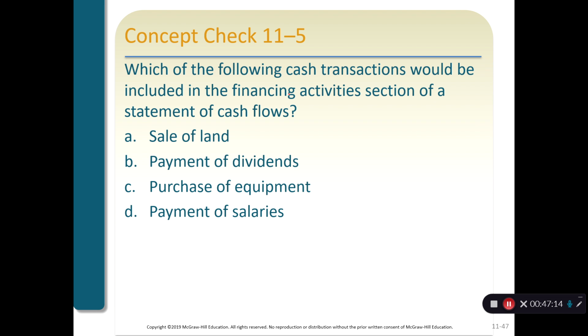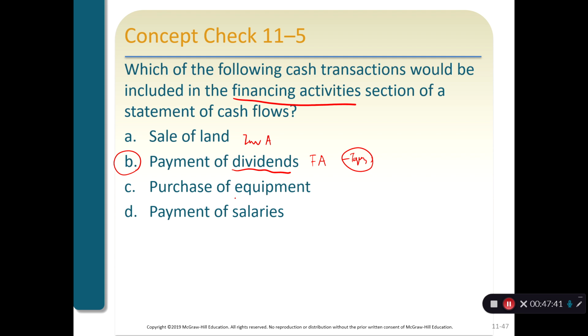So let's look at this example. Which of the following cash transactions would be included in the financing activity section of the statement of cash flow? Sale of land should be investing activity, right? Payment of dividend should be financing activity, because paying dividends takes care of the equity section of the balance sheet, reducing the equity, right?